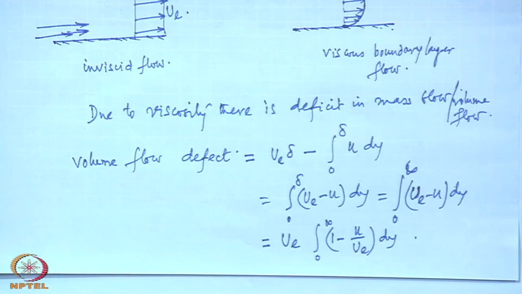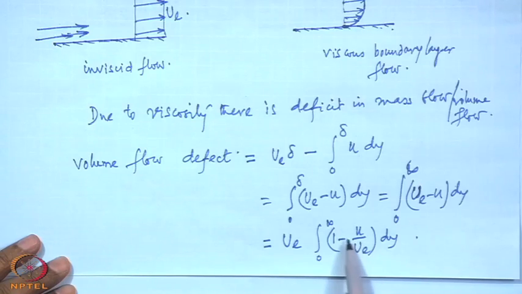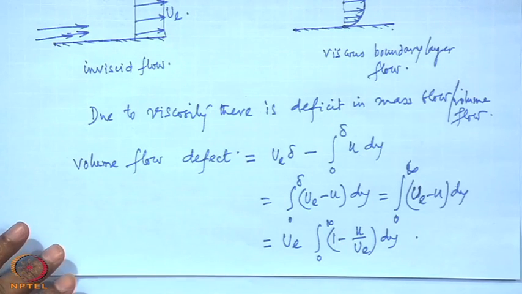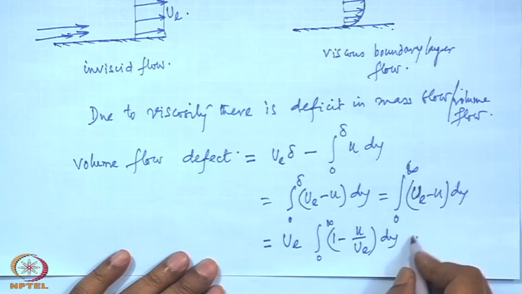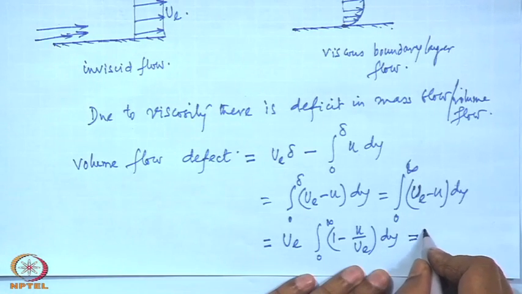If we compare an inviscid and viscous flow, this is the amount of fluid that will not be able to flow due to the effect of viscosity. This of course has a unit of length, as you can see this integration 0 to infinity of 1 minus u by u e dy is basically a length, and let us denote this length as delta star.